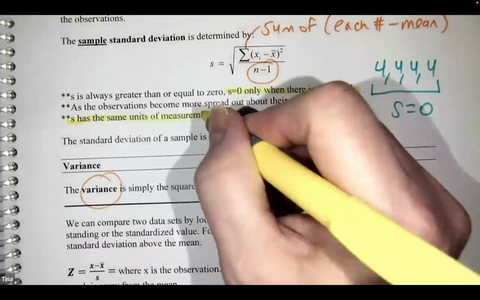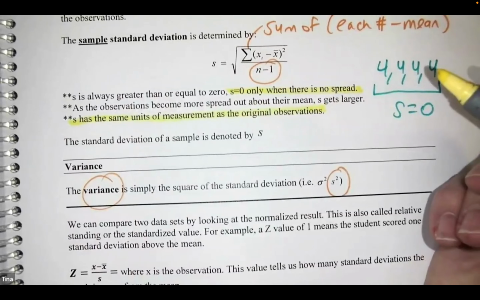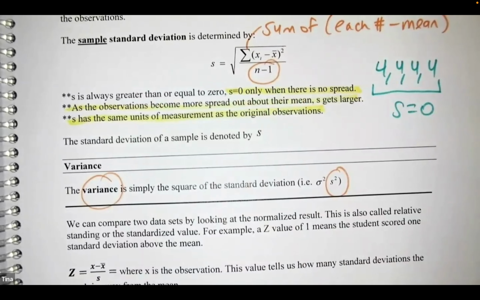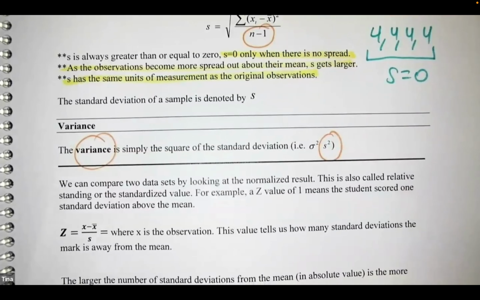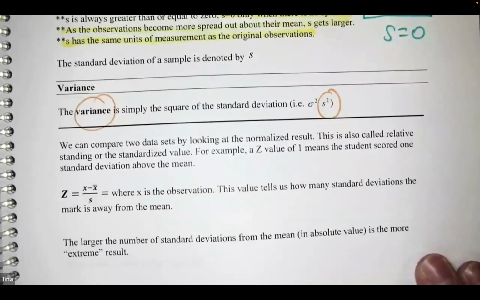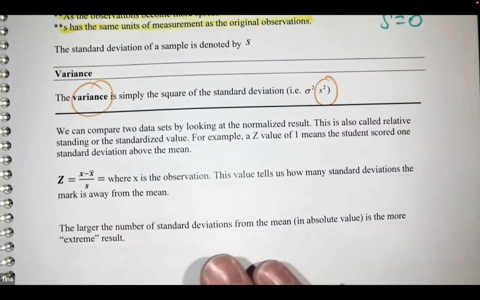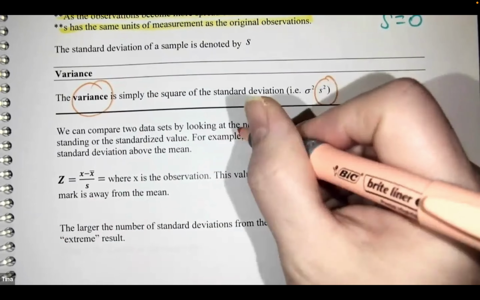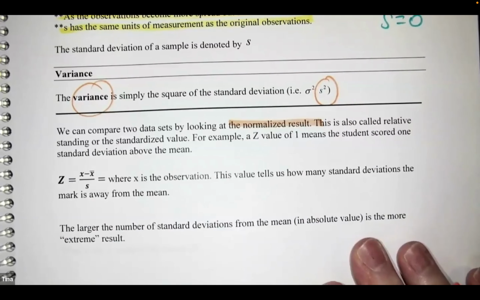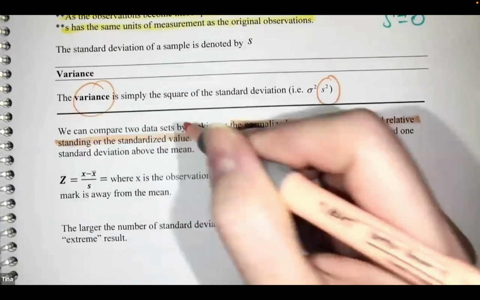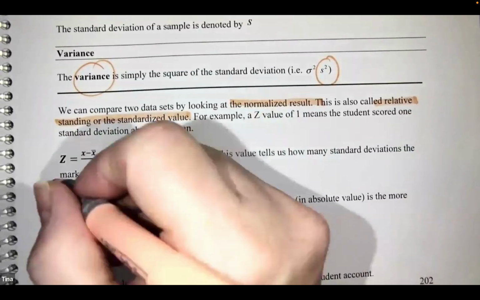Standard deviation always has the same units as your original data. And as the data gets more spread out around the mean, the standard deviation and the variance get larger. Generally, in most courses, we would say Z is X minus mu over sigma. But here, since we're talking about samples, the Z score or normalized result gives us a relative standing, a standardized value.